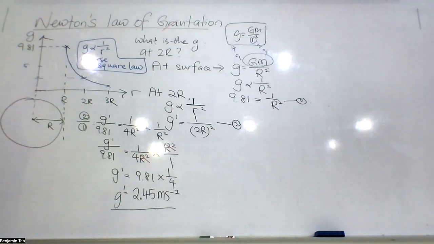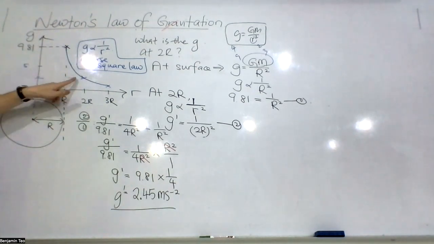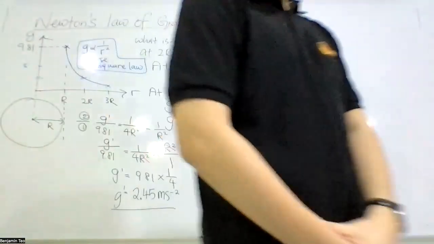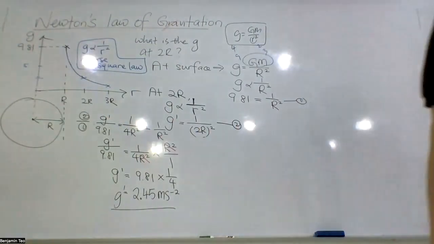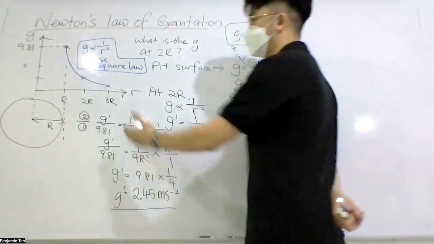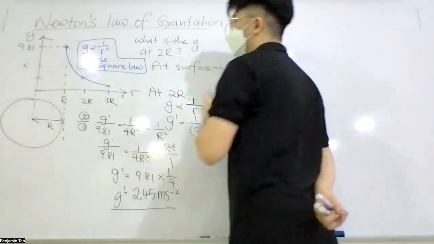You have the directly proportional graph, you have inversely proportional, you have the inverse square law. Okay, so 2 times, 3 times, 4 times, this one drops.